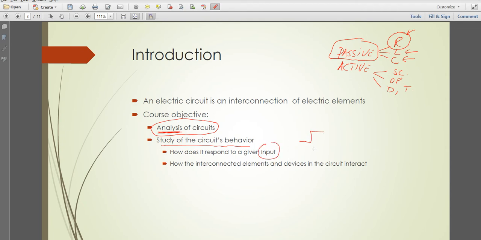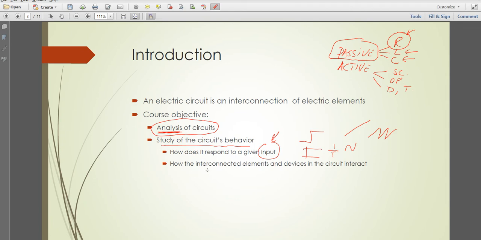The input can be a step, can be a DC voltage like a battery, for example, can be an AC voltage, can be a ramp, can be a sawtooth, and so on. So we need to study the behavior of the circuit itself when we supply it with different types of inputs.